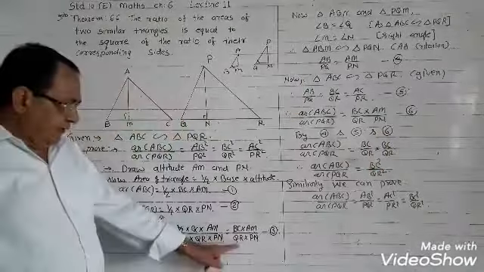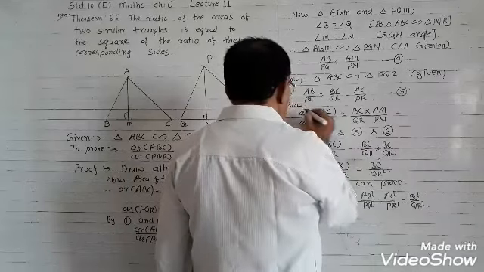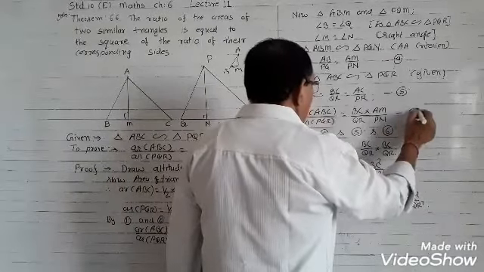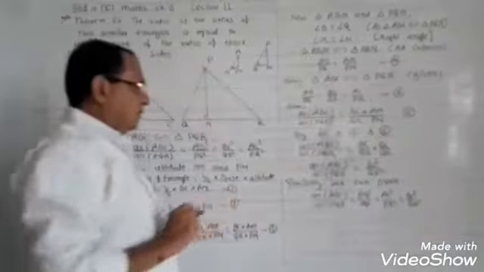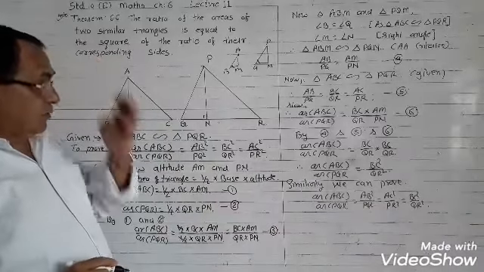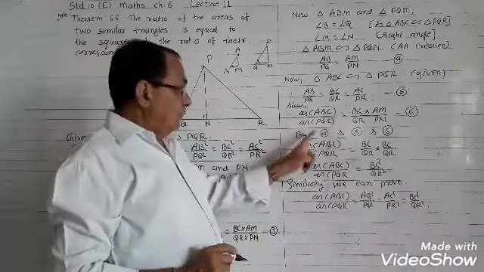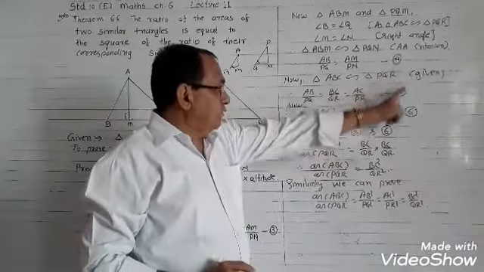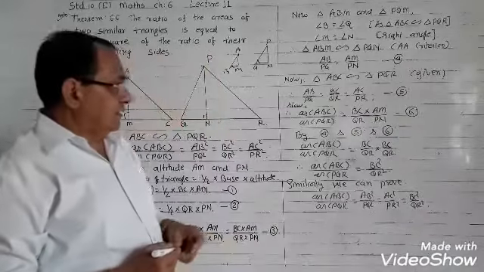This is the result number 3 that I have taken. Now I will write it again, these are 1, 2 and 3, and by 4, 5 and 6, see here.